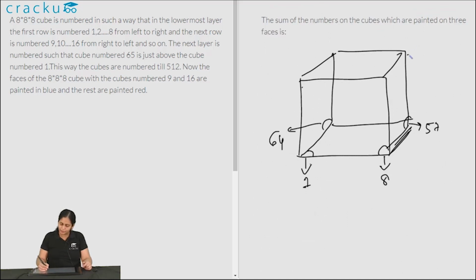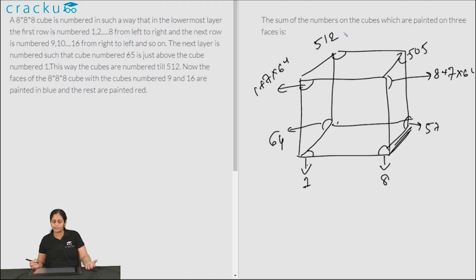So let me put this one. This is 505. This is 8 plus 7 times 64. And this is 1 plus 7 times 64. And that one is 64 plus 7 times 64, that is 512. That is essentially 8 times 64, that is 512. So I know 1, 2, 3, 4, 5, 6 cubes. I need to calculate this in this cube. So firstly, what is 7 times 64?